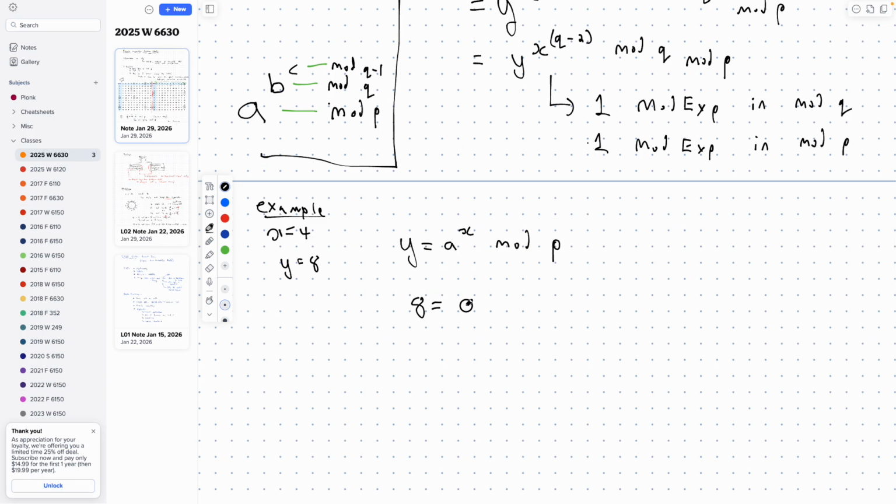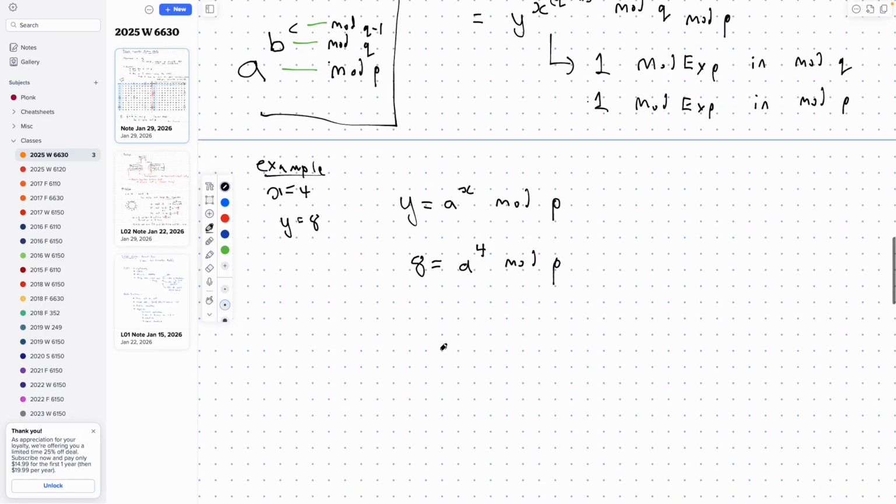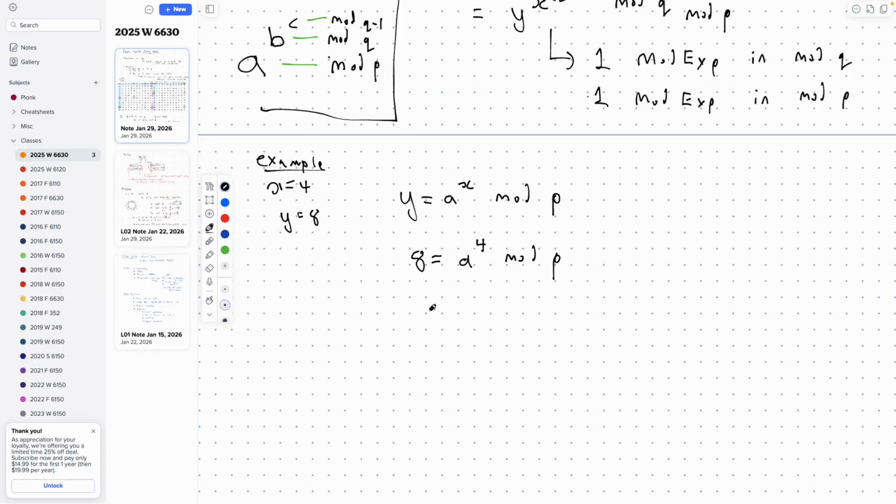Eight equals a to the 4 mod p. a equals 8 to the power of 1 over 4 mod p. a equals 8 to the 4 to the -1 mod p.